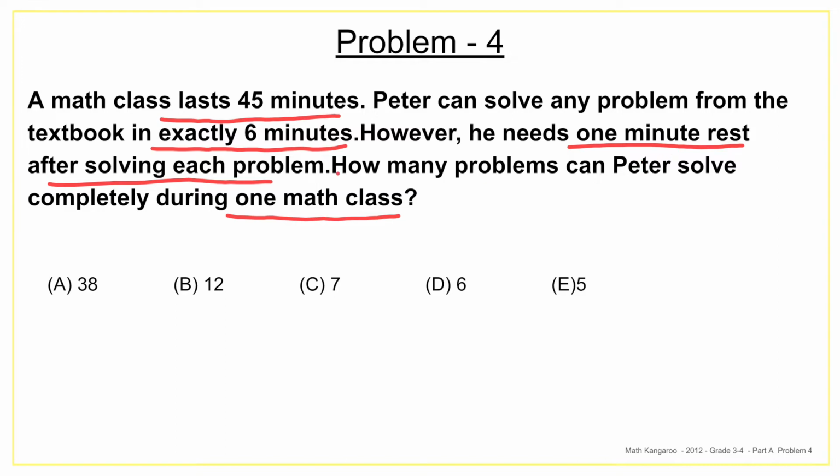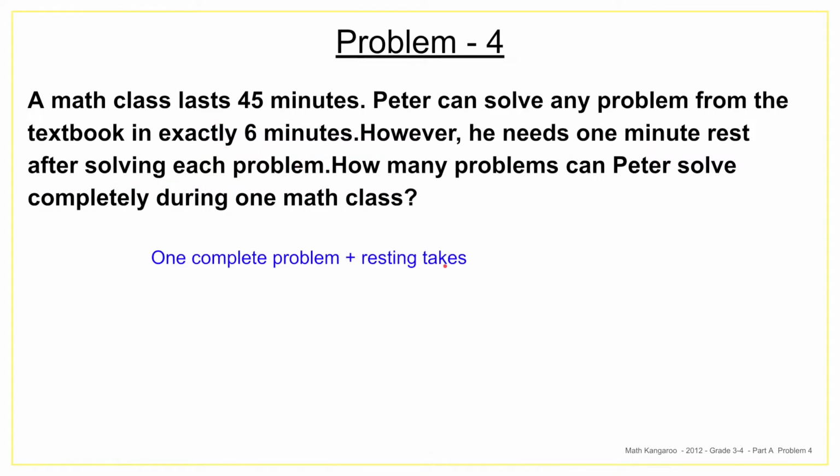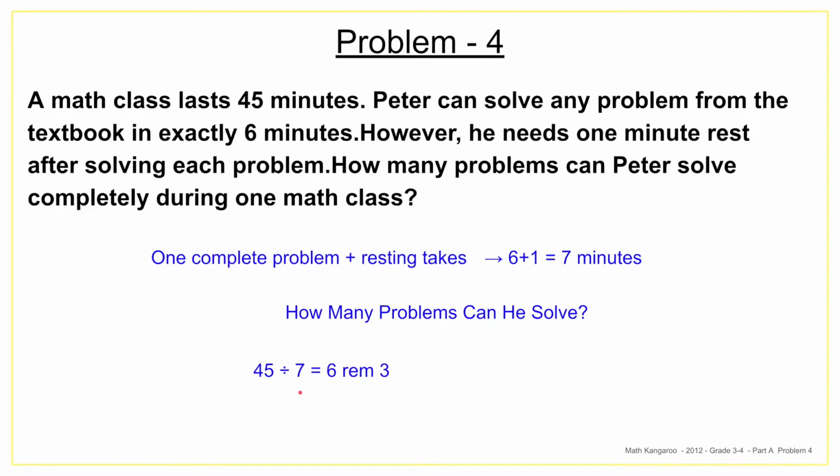So solving 1 complete problem, he would need 6 plus 1 minute. That is, 1 complete problem plus resting time takes 6 plus 1, which is equal to 7 minutes. So how many problems can he solve now? We divide the total class time, 45 minutes, by the time for each problem, that is 7 minutes.